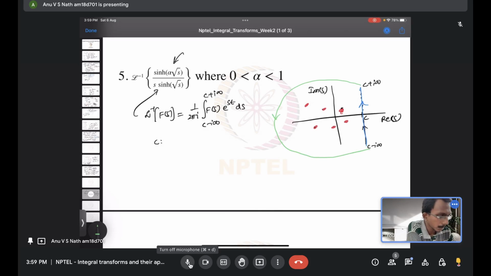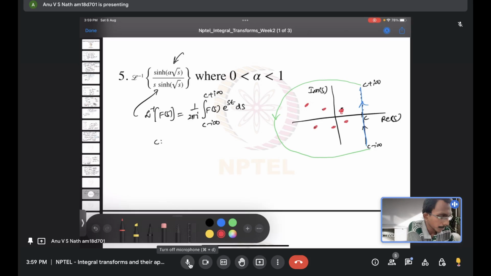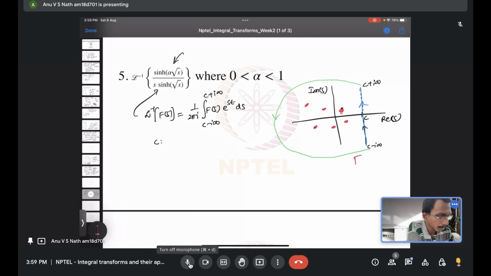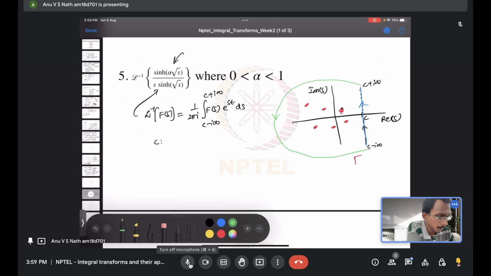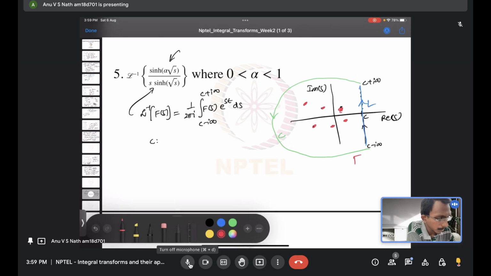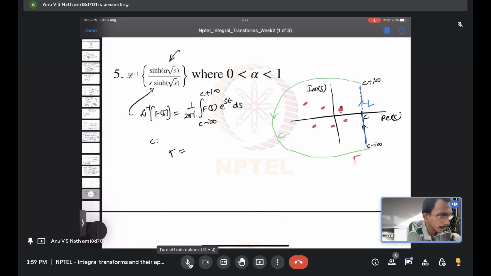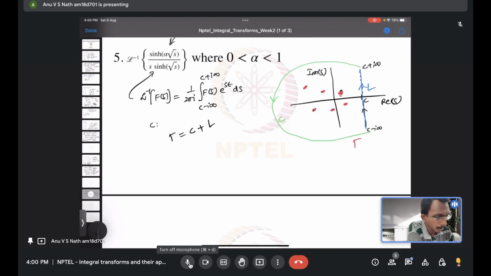Let's call the complete contour gamma, the curved part I am calling C, and the line I am calling L. So gamma is equal to the curved part plus the line part, and we want the integral of sinh alpha root s divided by s sinh root s times e raised to st ds over the line only, divided by 2 pi i, which is going to give this inverse Laplace transform.